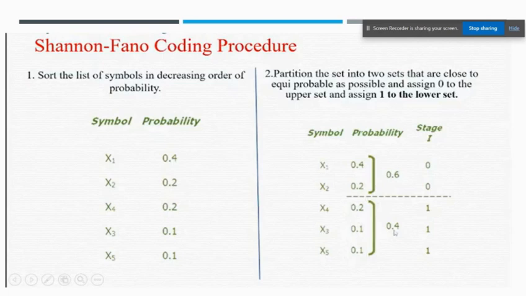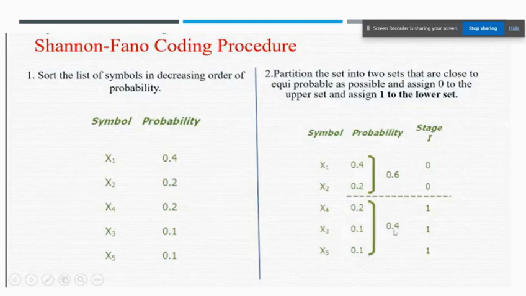After placing the probabilities in decreasing order, we have to divide them into halves and check the equiprobability with the least difference. Here we are dividing 0.4 and 0.2 as one set, and 0.2, 0.1, 0.1 as another set.